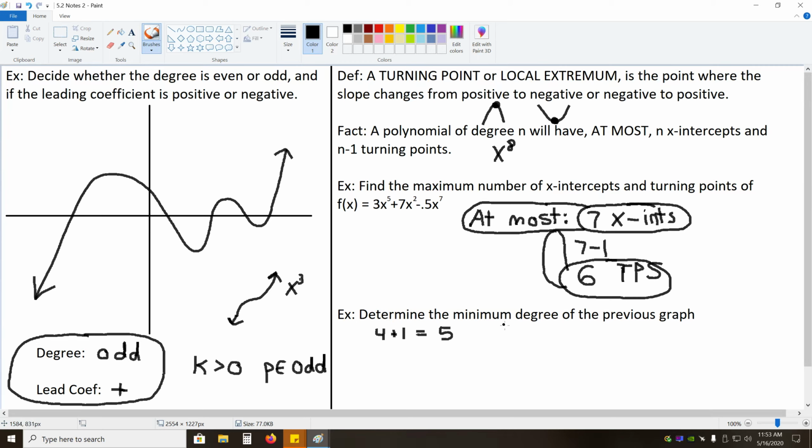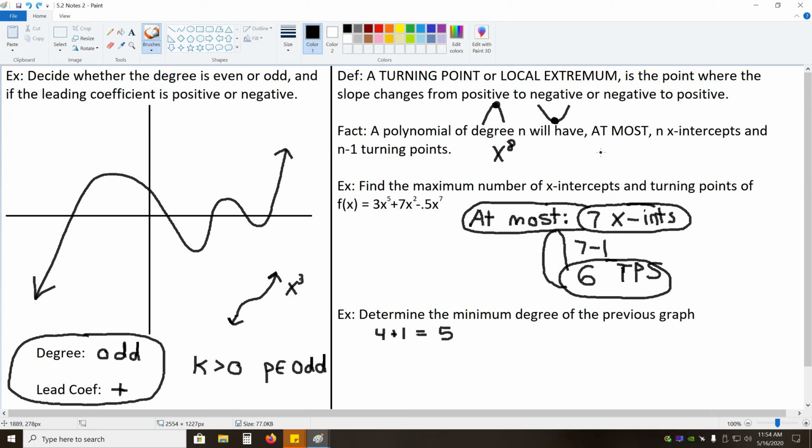If the degree were 3, then subtracting 1 gives 2, which means at most 2 turning points. But we already saw there are 4, so that's impossible.